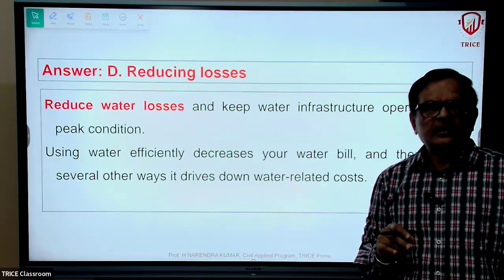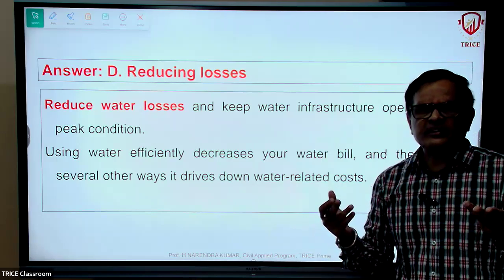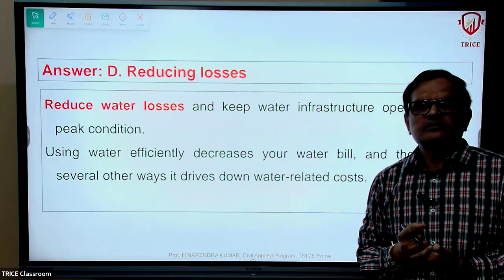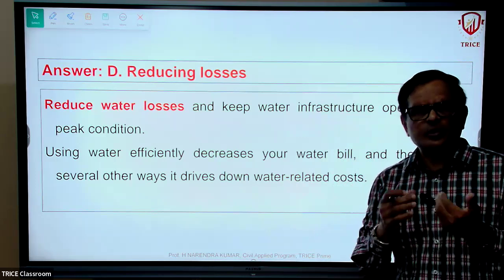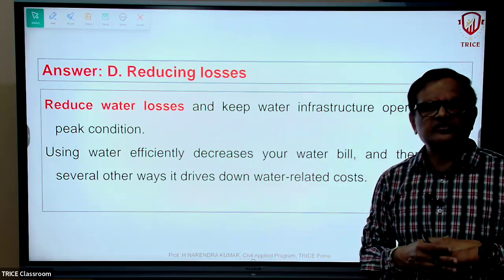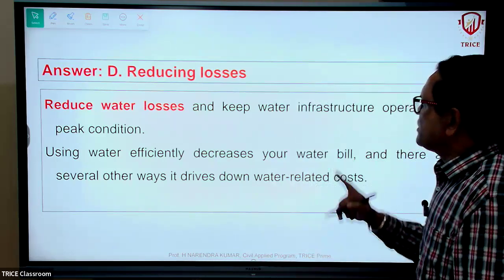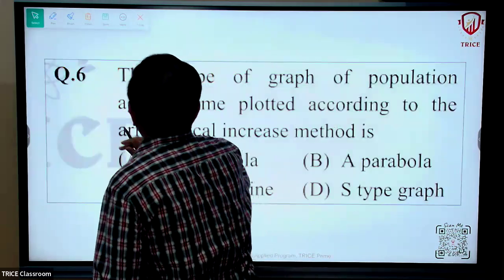For example, where I am teaching now, it's the Vijay Nagar area, very old. The pipelines were provided 30 or 40 years ago, in 1980 or 1990. So it has to be replaced, but replacement is very, very costly. So what is the answer for this? Reduce the losses. That is the best managed water supply scheme.